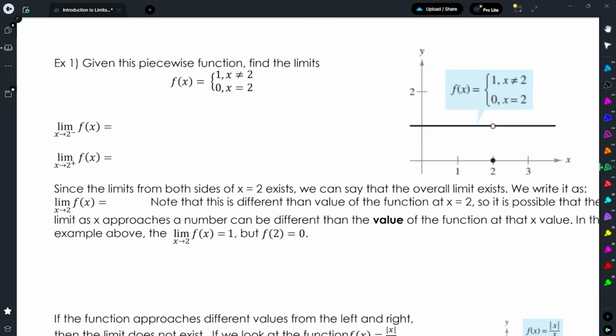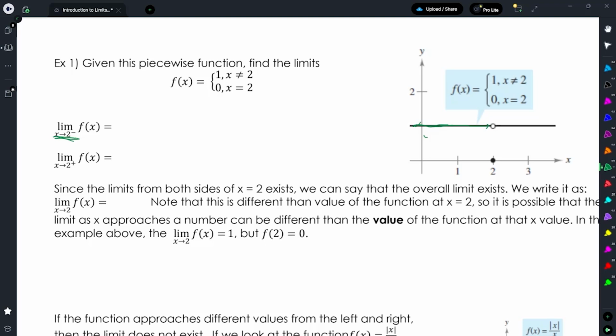So the limit as x approaches 2 from the left side, so I'm going this way, and my x value is getting closer to 2, and my y value is 1.